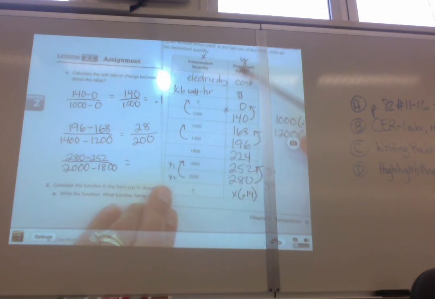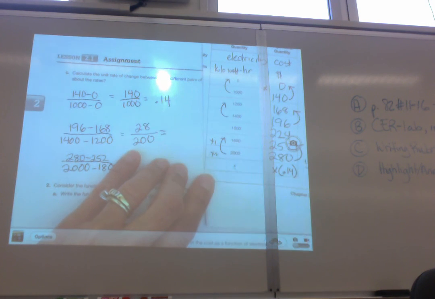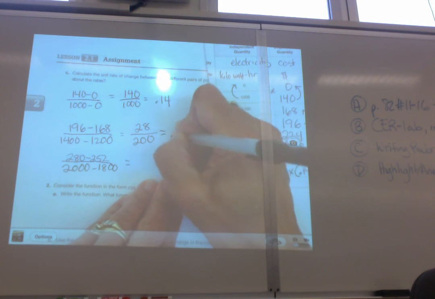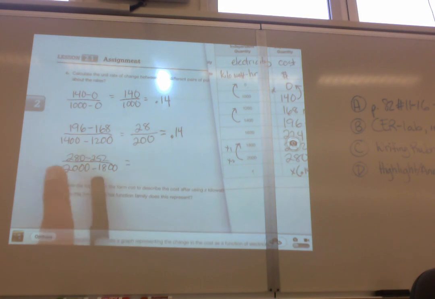I'm putting the dependent quantity on top, and then I subtract. Now I divide 28 divided by 200. Uh-oh, what do I see? A pattern, 0.14. You guys right now with your calculators do the left piece. I want to see what's on top, what's on bottom, and how does that divide, please. We can guess it's going to come out 0.14, but verify, please.